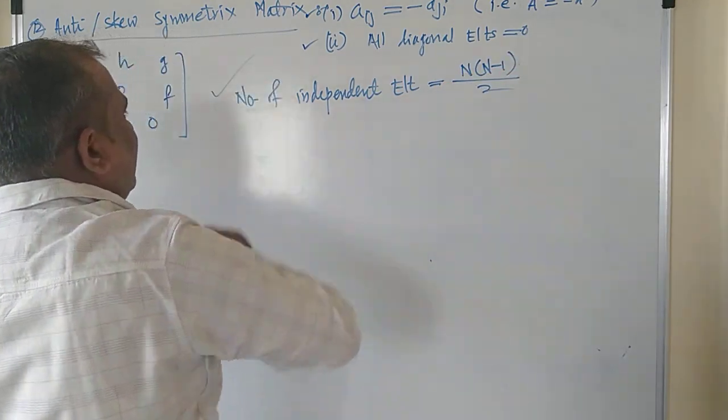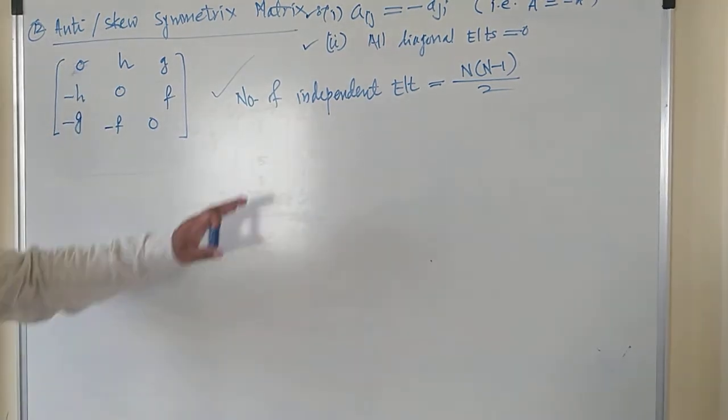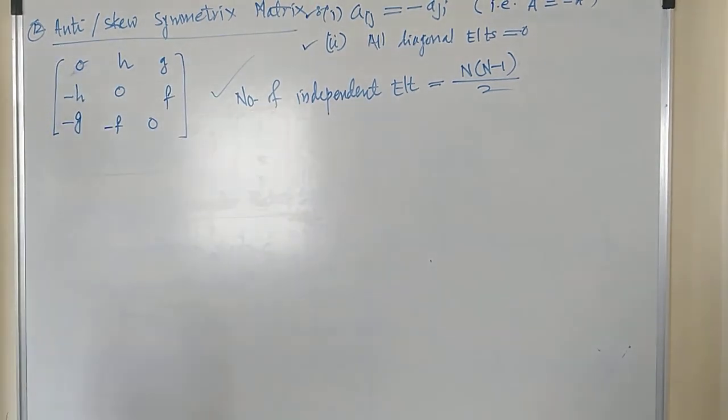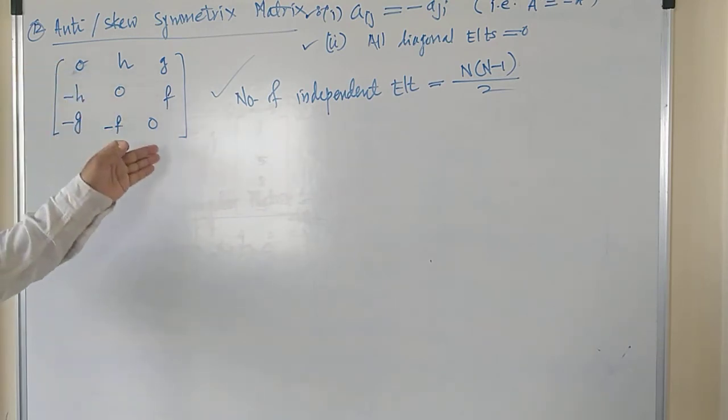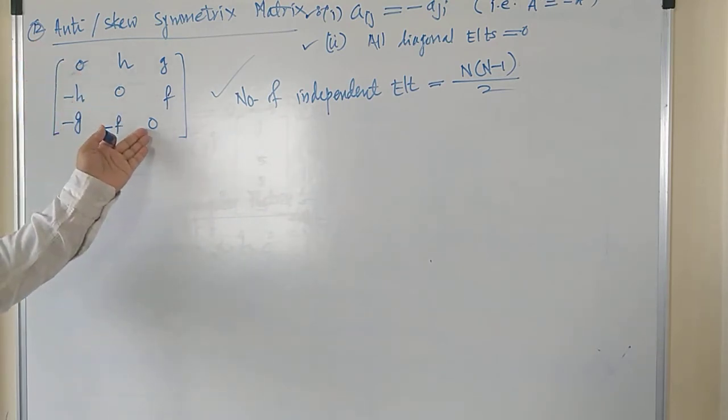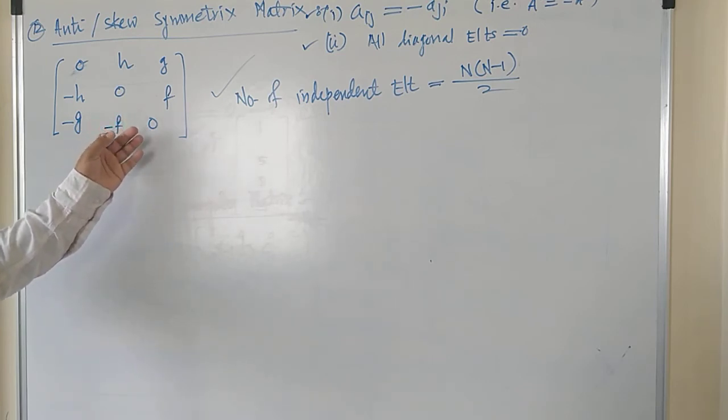You can find a number of examples on this case in GATE exam and in NET and SET also. The number of independent elements, that means diagonal elements are 0, so these are not independent elements.